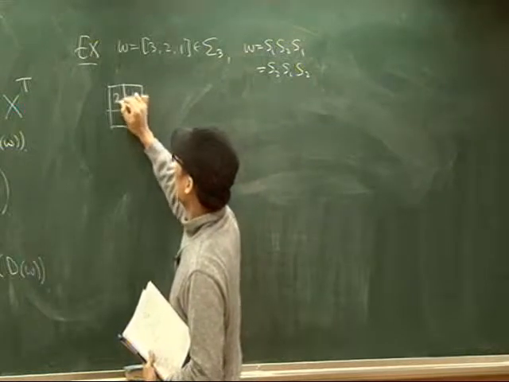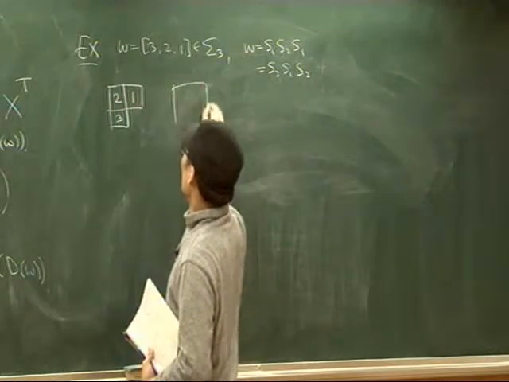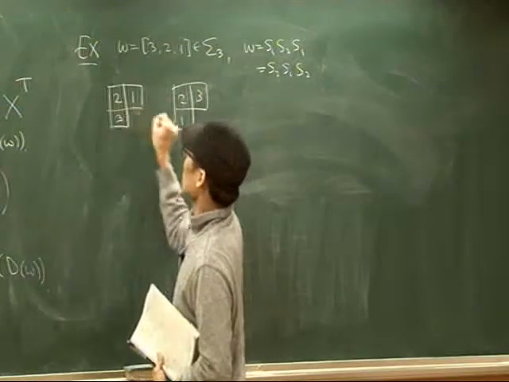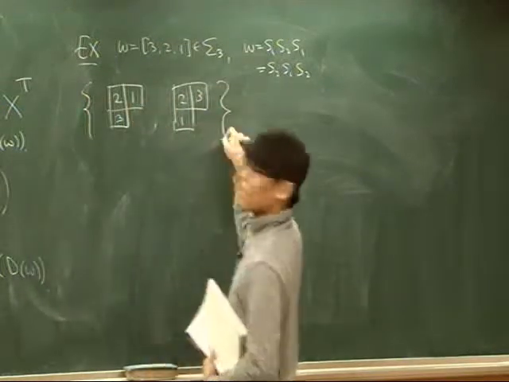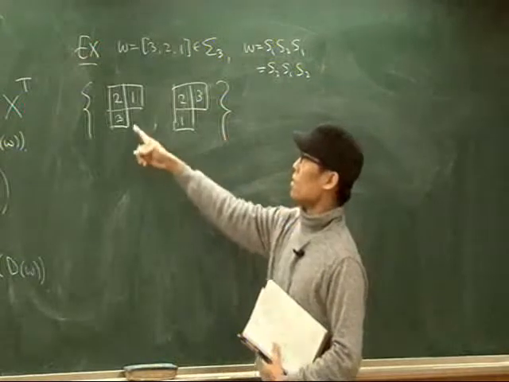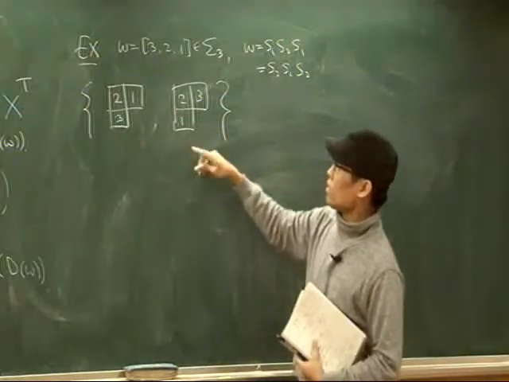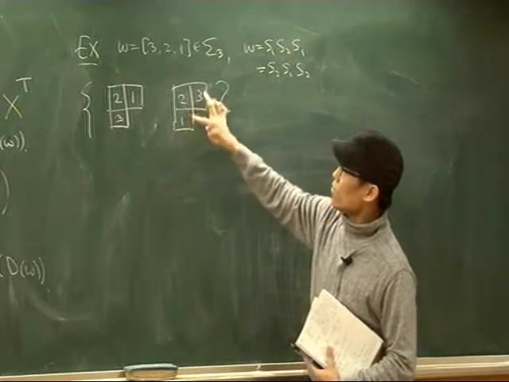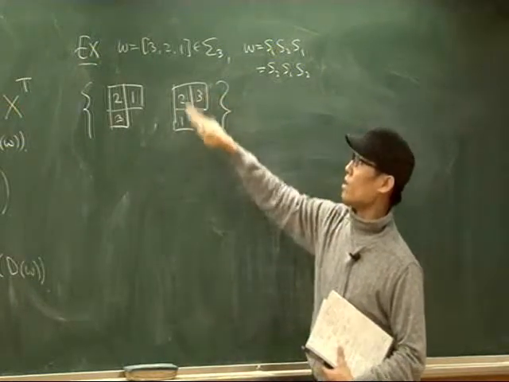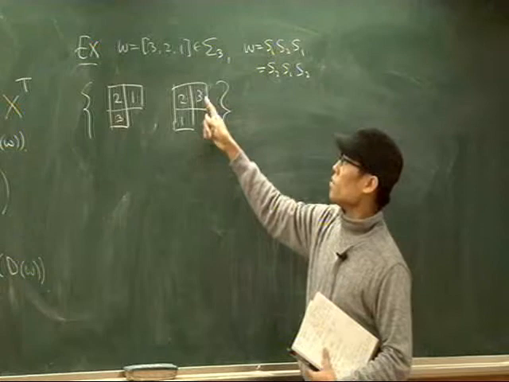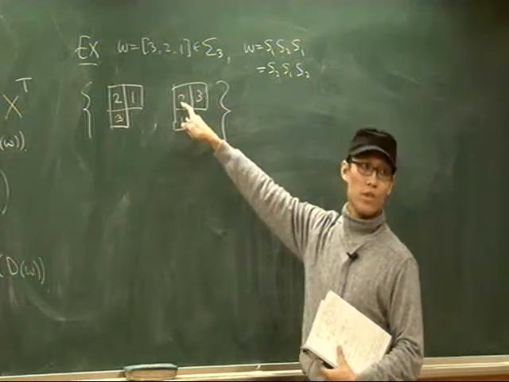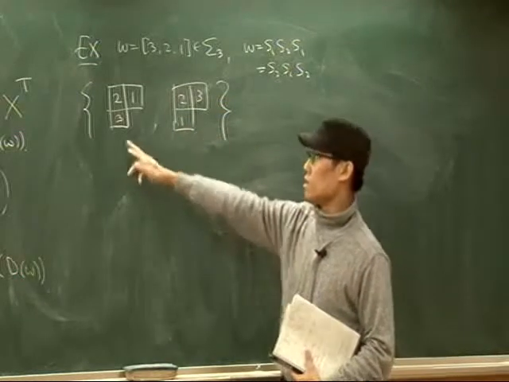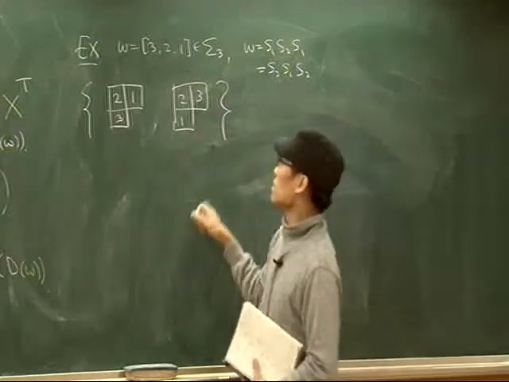And there are two injective balanced labelings. These are balanced because 1 and 3 are obviously well balanced, and 2, if we rearrange the numbers appearing in this hook, it becomes 1, 2, 3, and 2 doesn't change. So 2 is also balanced in this case. This is balanced, and this is also balanced.